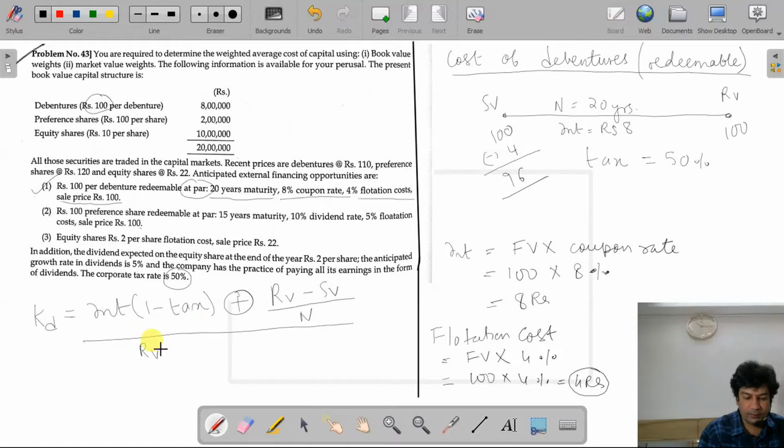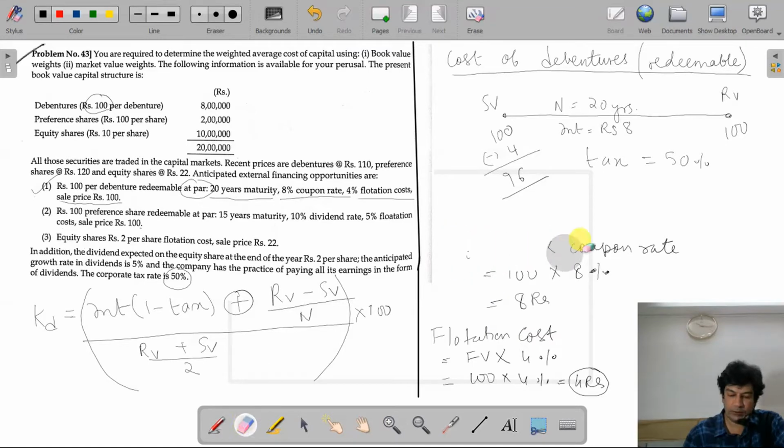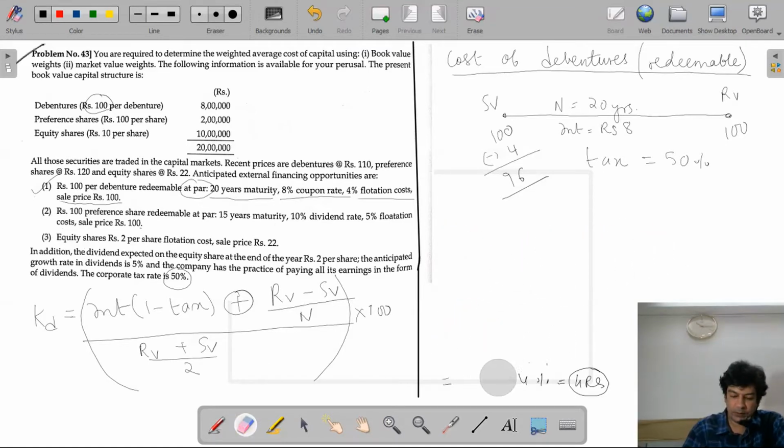Then we have redemption value plus the sale value divided by 2, and this entire we need to multiply by 100. So what I am going to do is I am going to rub this part. You all can pause the video and then again go through that part. So I will be solving here. So this way I am solving here.